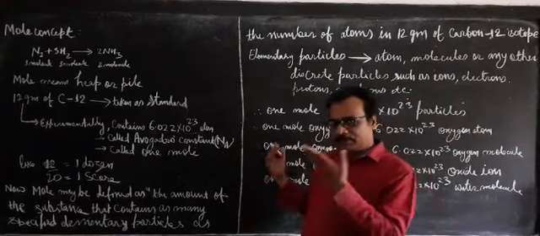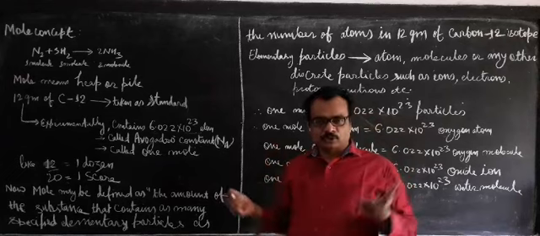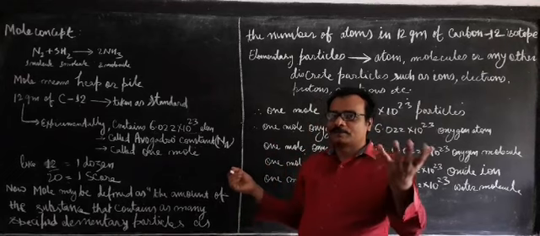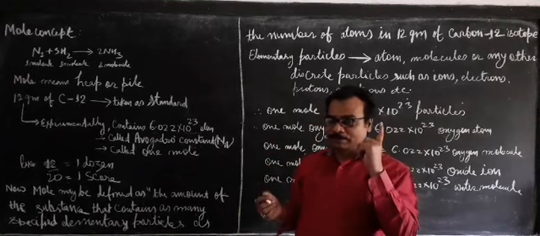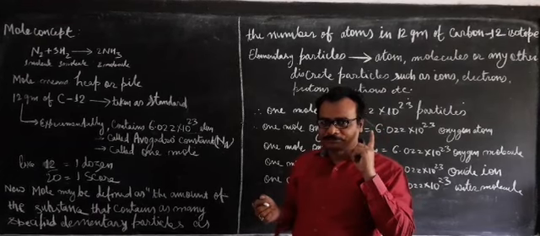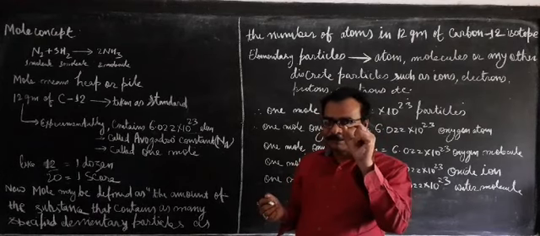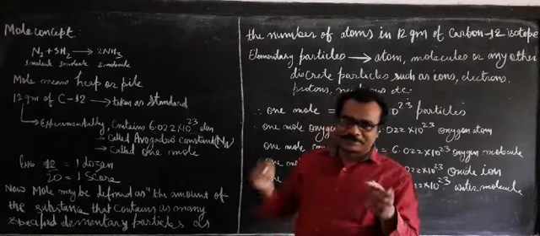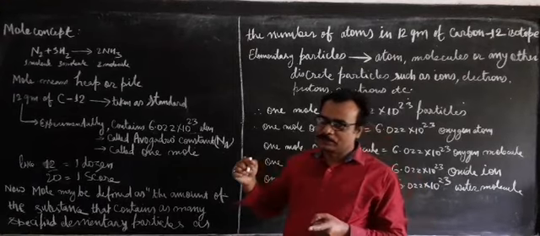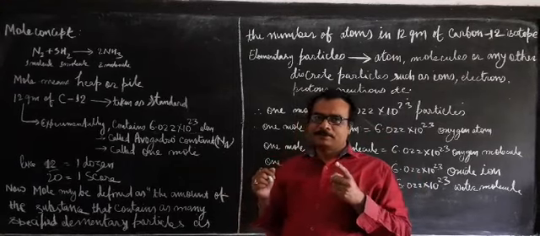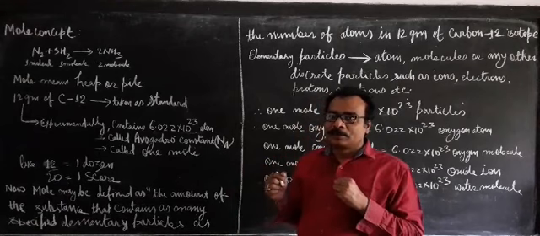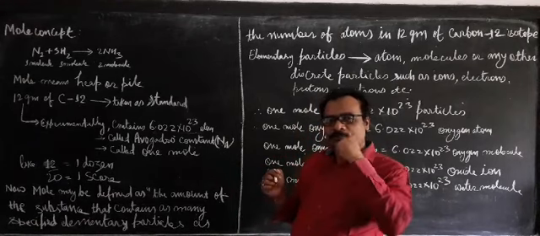For example, 12 gram of carbon-12 isotopes contains 6.023 into 10 power 23 atoms, so this 12 gram is known as 1 mole.